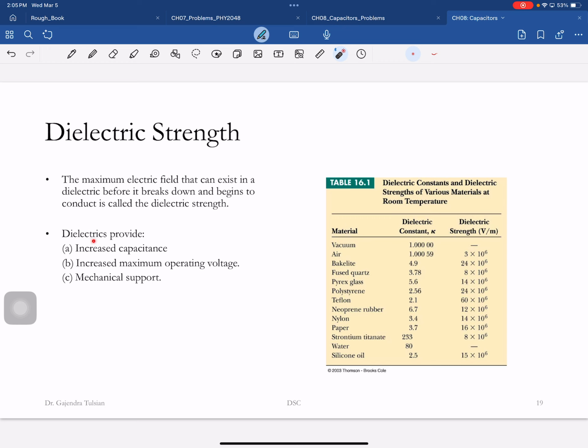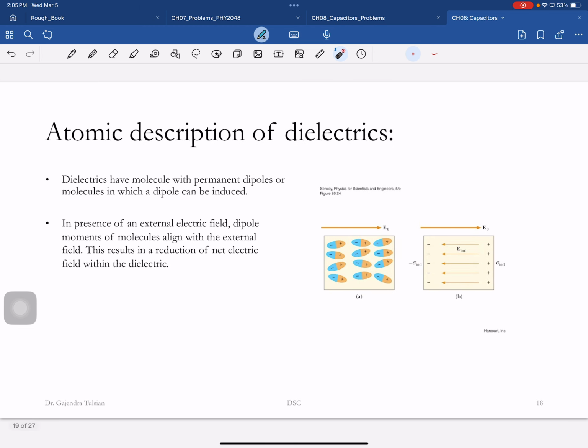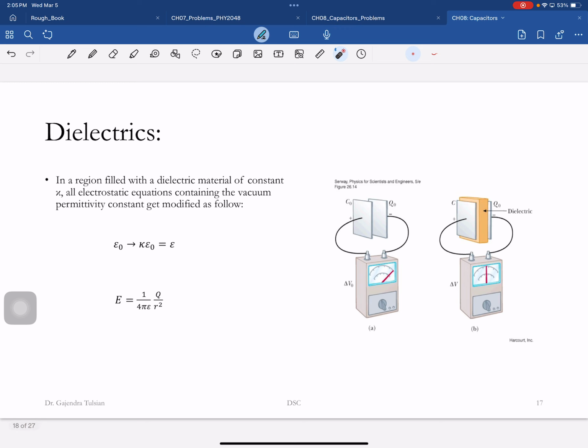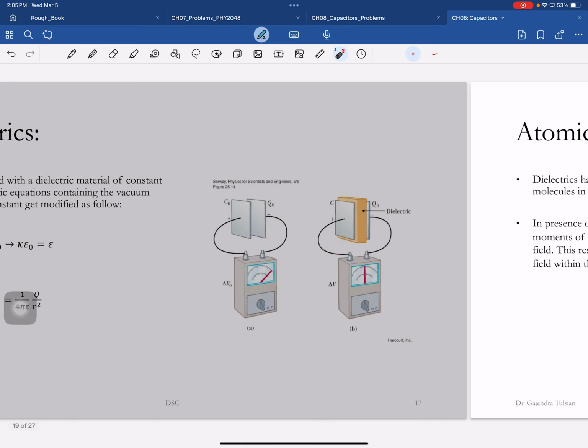So dielectrics are insulators. They provide increased capacitance, increased maximum operating voltage, and mechanical support. That's why you put dielectrics in between.